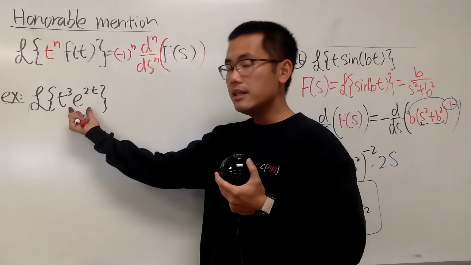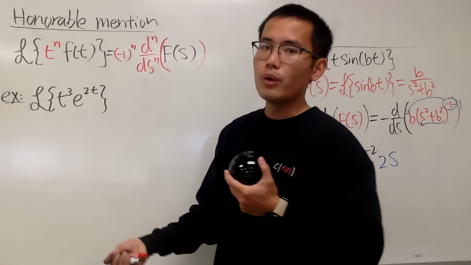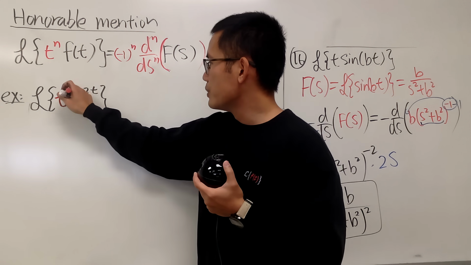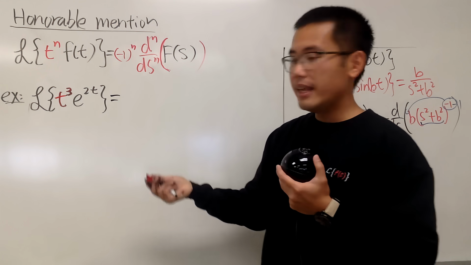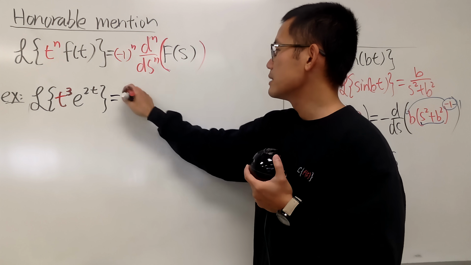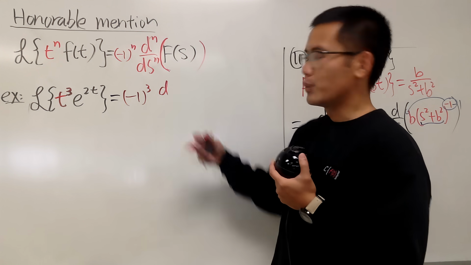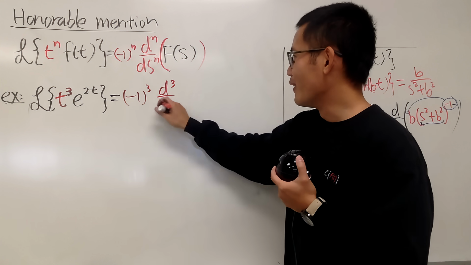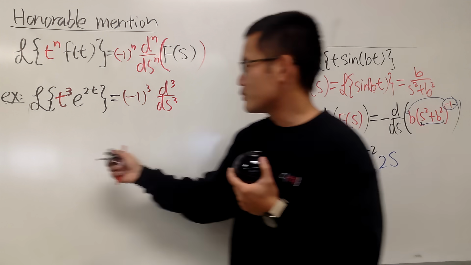Now, I would like to take this as my f of t, the little f of t, and this is t to the third power. Because here we have t to the third power, that means I will have to multiply by negative 1 three times, and then I will have to find the third derivative, which is the jerk in this case. Well, let me just remind you guys.